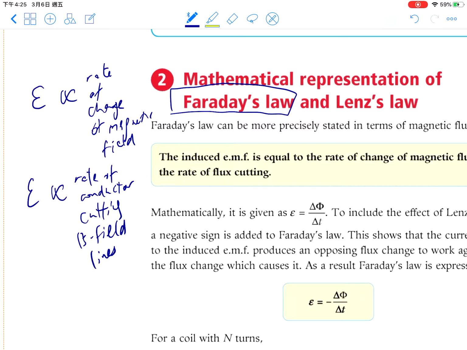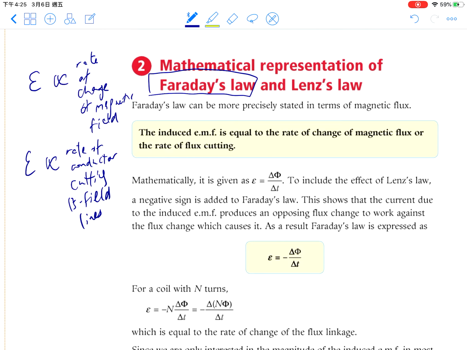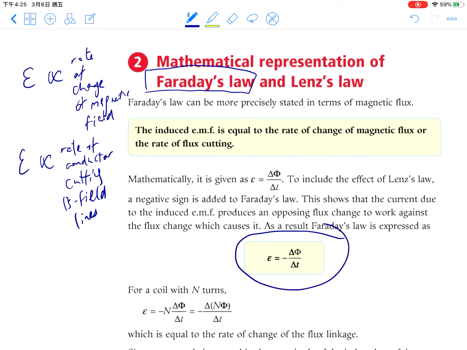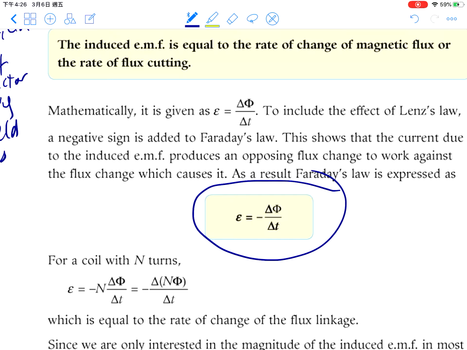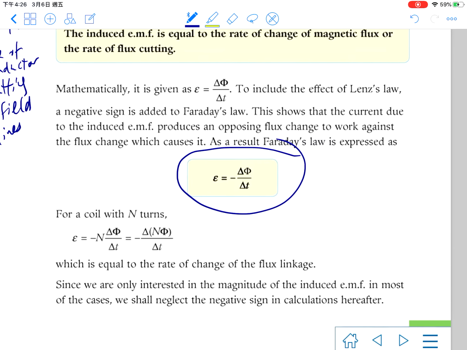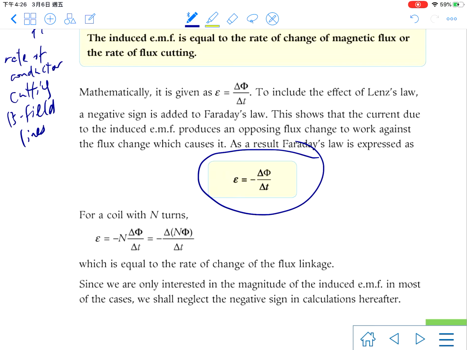Okay, this is the C version only, but the A level version would involve a calculation with the equation. This equation is given. Induced EMF is equal to minus delta phi over delta t.